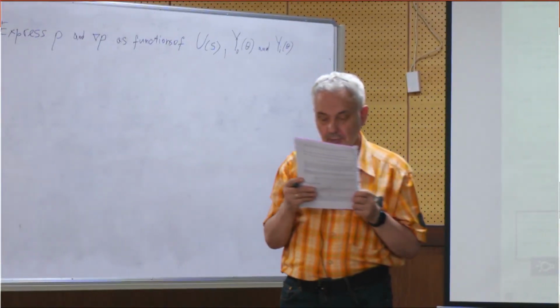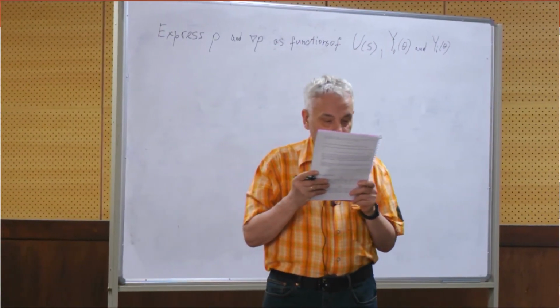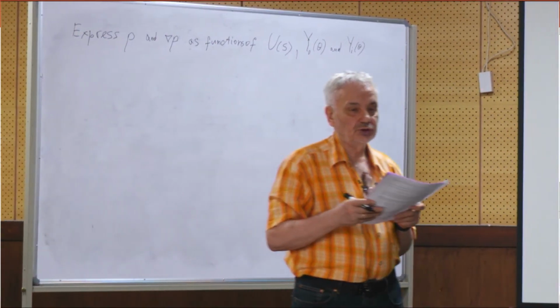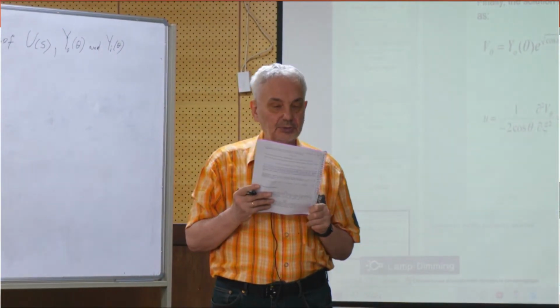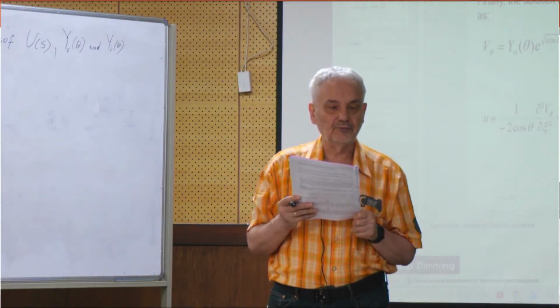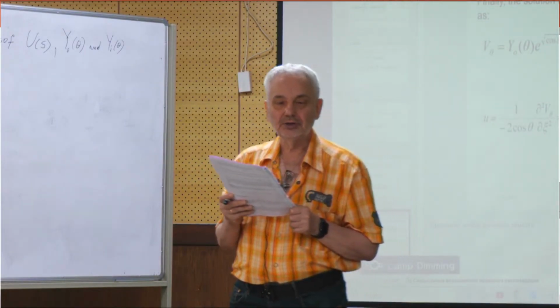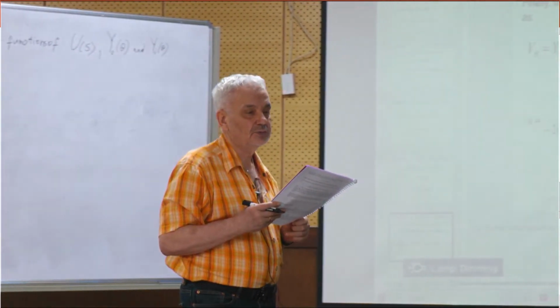Okay, let's now try to find the solution. So the situation is, if you follow my steps, you see that I expressed the different components of the velocity, but for the moment I forget about pressure. It's partly because this pressure was somehow removed from the leading order.